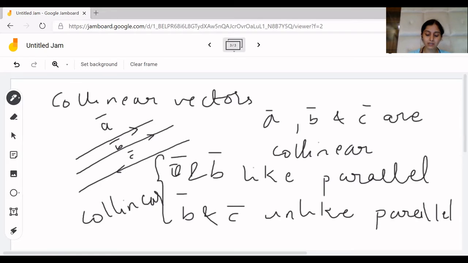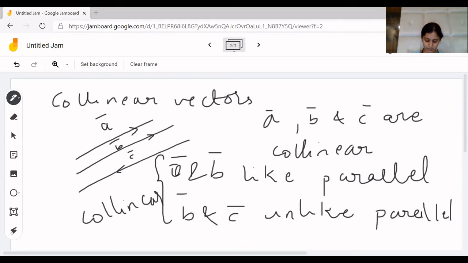Now next, what are coplanar vectors? Vectors that lie in the same plane, or in parallel planes, are called coplanar vectors. So this is simple. Now, a free vector is a vector which can be shifted along its line of action or parallel to itself and whose initial point can be chosen anywhere. A localized vector is a vector which can be shifted only along its line of action.